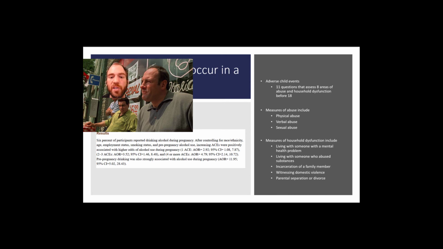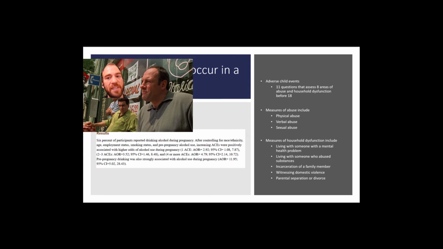Measures of household dysfunction include living with someone with a mental health problem, living with someone who abused substances, incarcerated family, witnessing domestic violence. We understand this intuitively, that these household and family dynamics influence development. I just grabbed a study on the left-hand side, just some results. After controlling for race, ethnicity, age, unemployment status, smoking status, and pre-pregnancy alcohol use, the researchers found that increasing ACEs were positively associated with higher odds of alcohol use during pregnancy, and pre-pregnancy drinking was strongly associated with alcohol use during pregnancy.